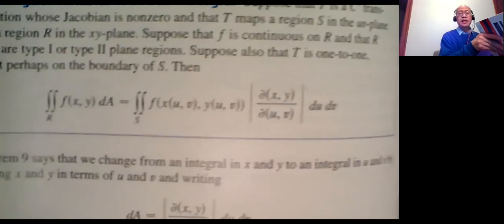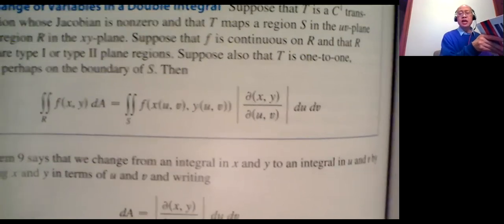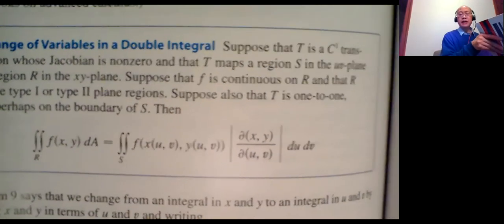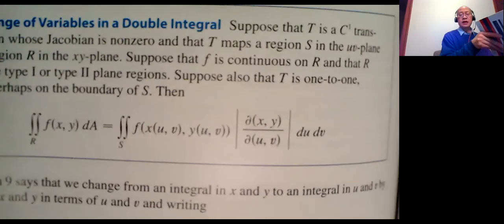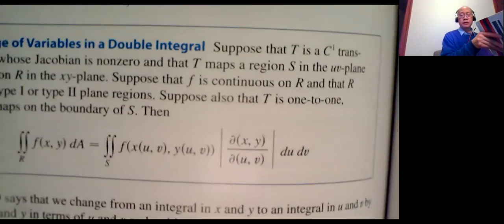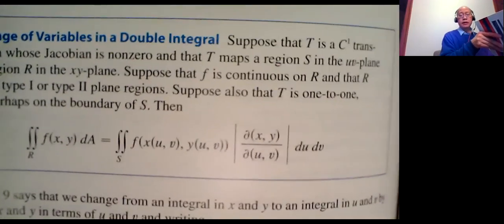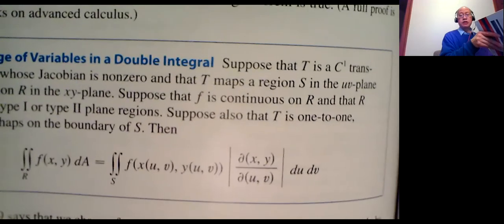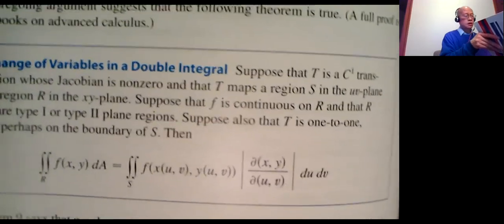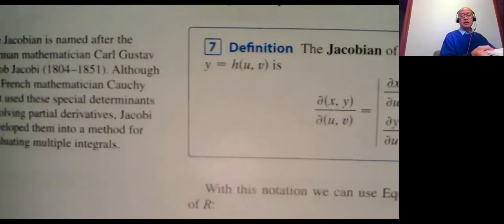So notice dA, dx dy becomes du dv, but you have to multiply by the Jacobian right there in the middle, partial of x, y with respect to u, v. Okay. So again, the Jacobian is defined by this thing.